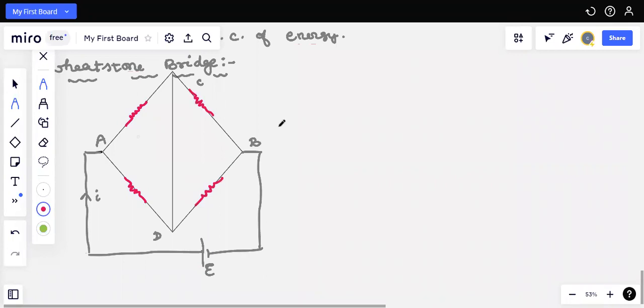Here we are taking resistors like this. This is one resistor along with one galvanometer, to measure whether current is flowing through it or not. I am taking some P. This is resistor Q. This is resistor R. This is S. This is some W.